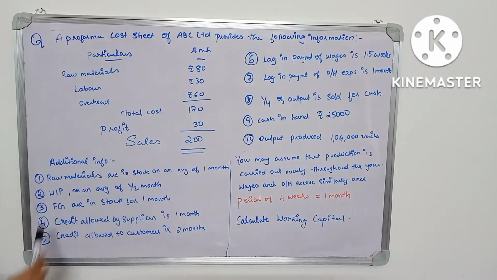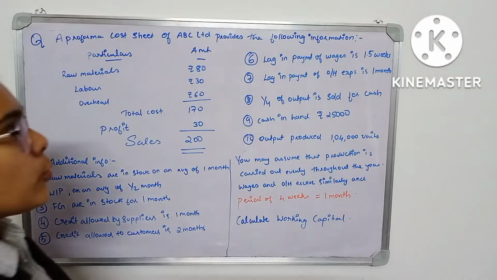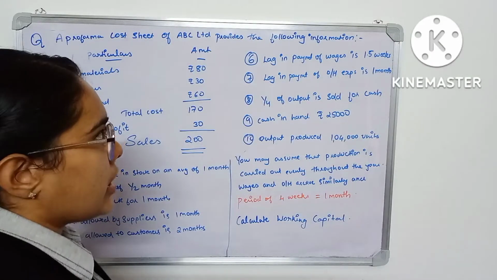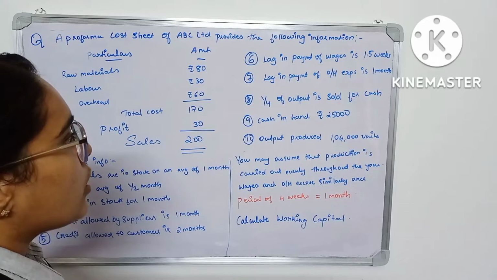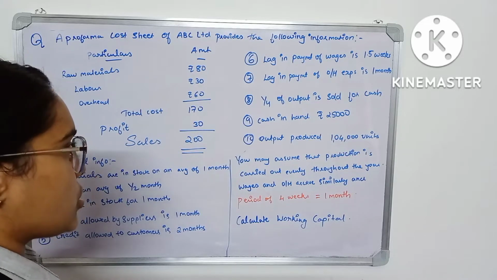Additional information: raw materials are in stock on an average of 1 month, work in progress an average of half month, finished goods are in stock for 1 month, credit allowed by suppliers is 1 month, credit allowed to customers is 2 months, lag in payment of wages is 1.5 weeks, lag in payment of overhead expense is 1 month, 1/4 of output is sold for cash.